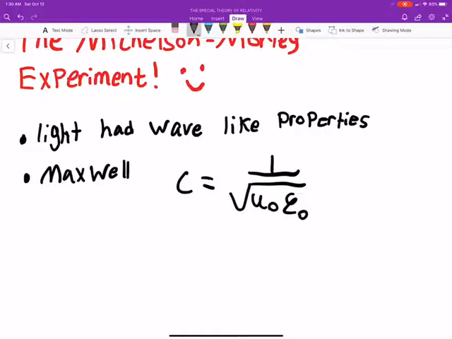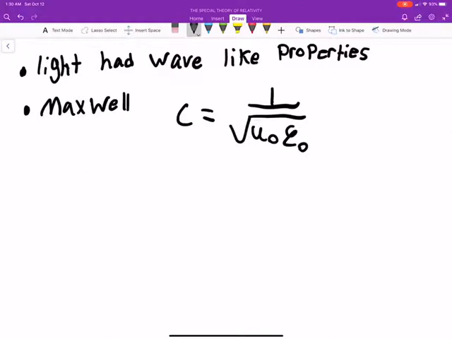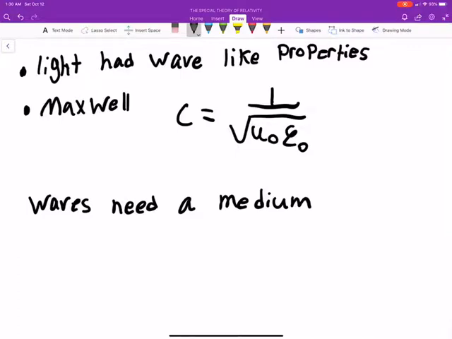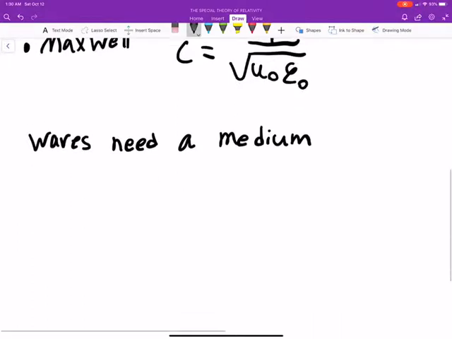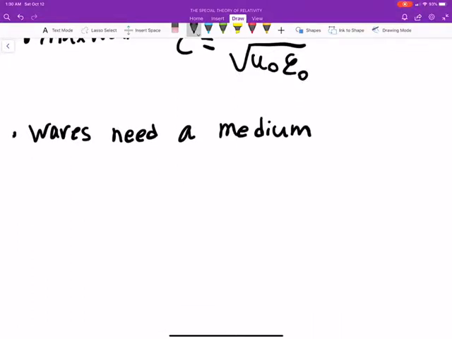And at the time, it makes sense that light has to travel through a medium, because waves need a medium. If you look at waves in the ocean, you need water to have the wave. If you look at sound waves, they need the air. And it was very reasonable to assume light needed a medium, right? So we came up with this term. It's called the ether.